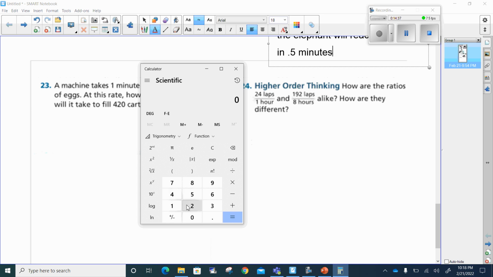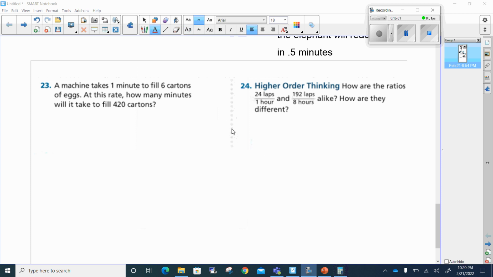Well, 24 times 8 equals 192. So that tells me how are the ratios alike and how are they different? Well, they're alike because they're both the same rate, right? They have equivalent values.